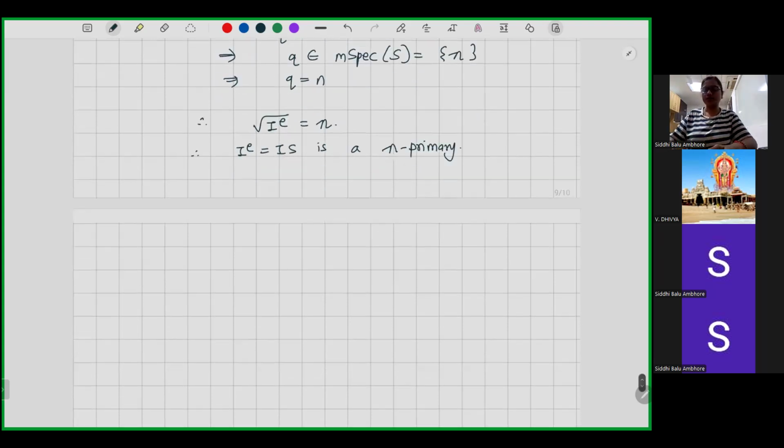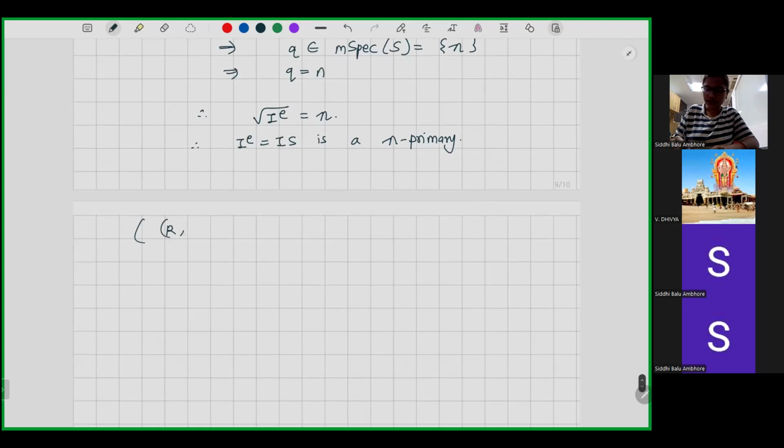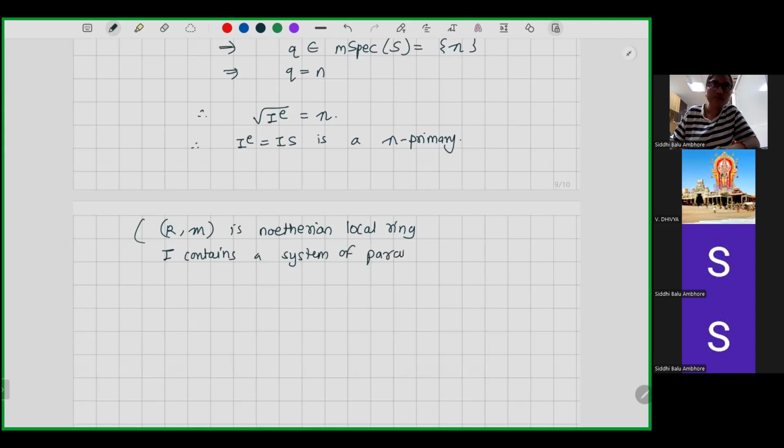And apart from this, we have the result that if R, M is a Noetherian local ring, then I contains a system of parameters if and only if the radical of I is equal to M. Okay, this is the result.